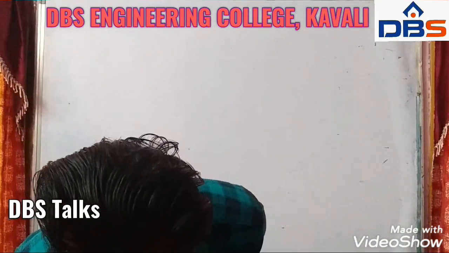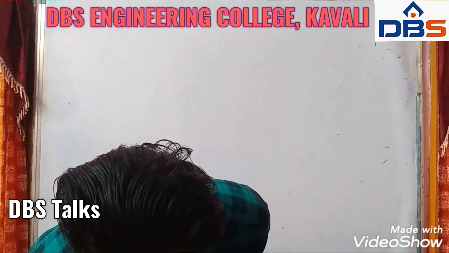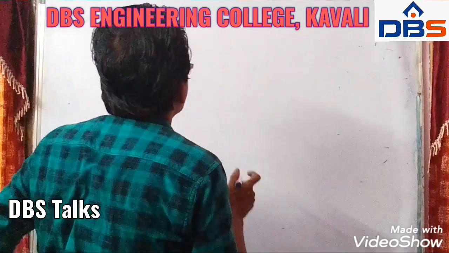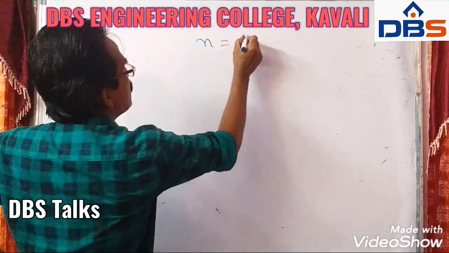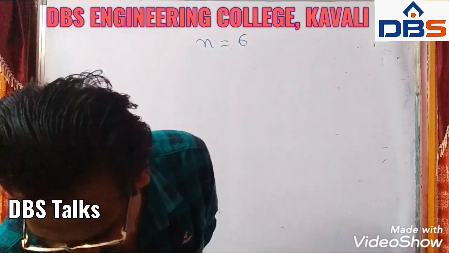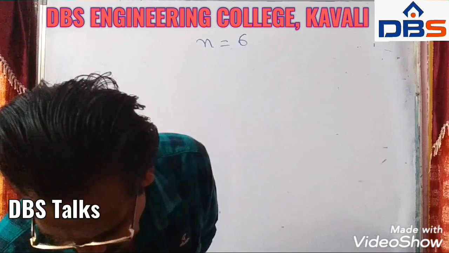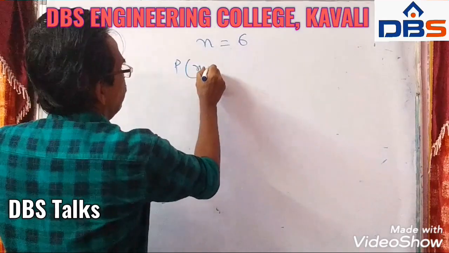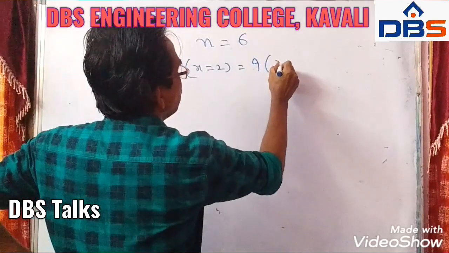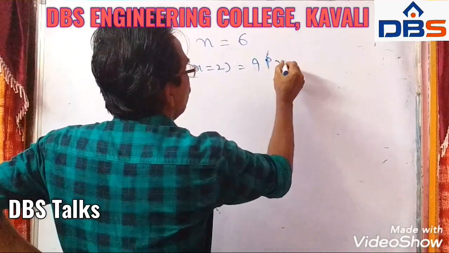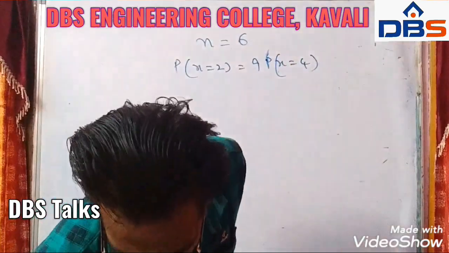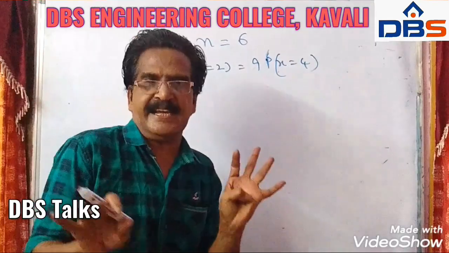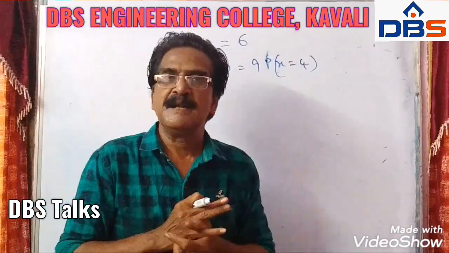For a binomial variate x with n is equal to 6, if P of x is equal to 2 is equal to 9 times P of x is equal to 4, then find its variance. This is also an Eamcet question, friends.